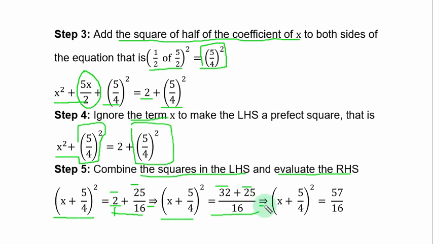So the left hand side is equal to, when you add 32 plus 25, 57 all over 16. So you can say that the left hand side is a perfect square now because we can take the square root, and the right hand side is a number, as I explained earlier.